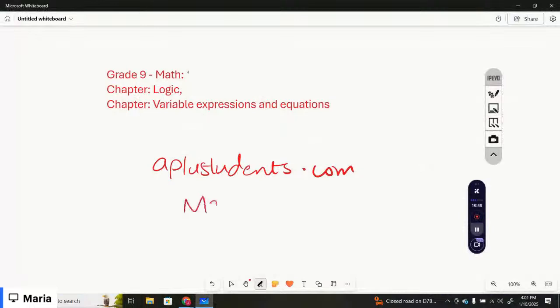Then you have to select math from the subject tab. Scroll down to grade 9 math and then click on view all lessons. There you can find a list of the chapters. We're going to start with the chapter logic. Then we'll start the chapter variable expressions and equations.